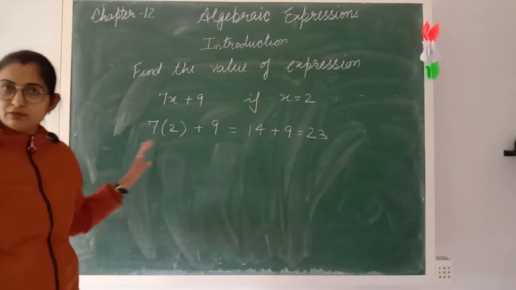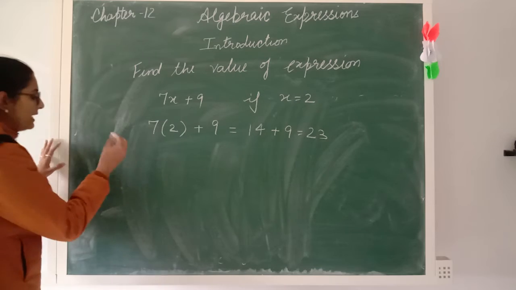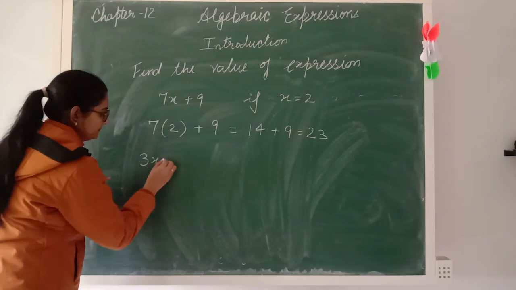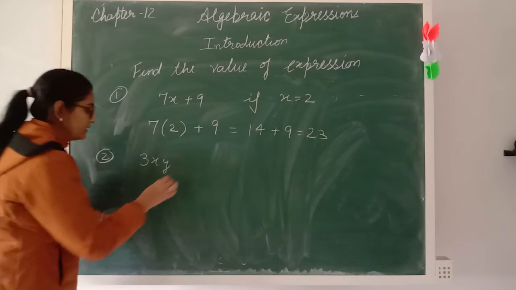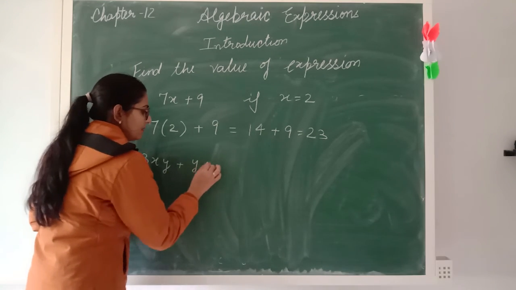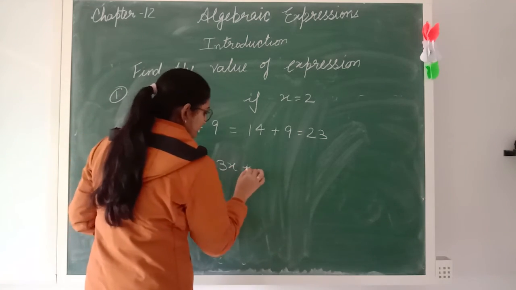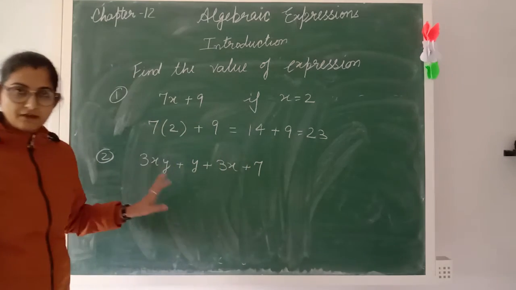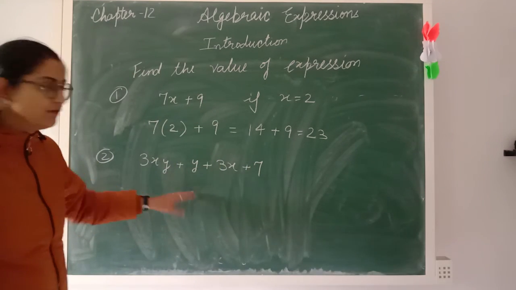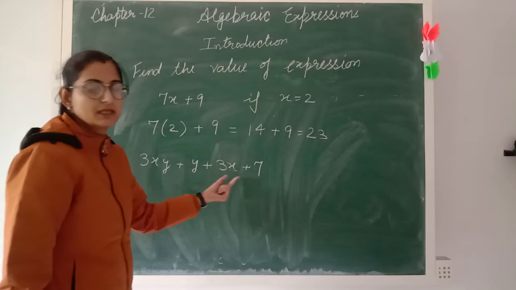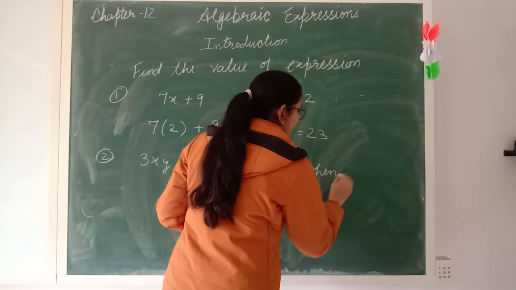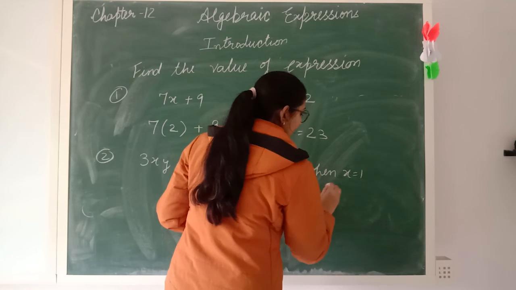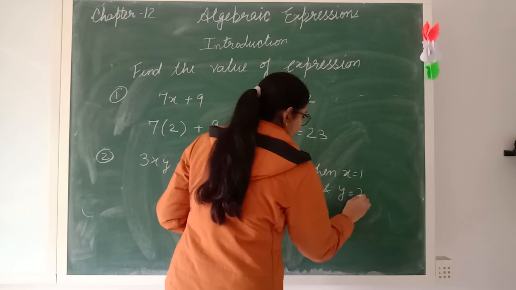I am going to take another expression. The question is: find the value of 3xy plus y plus 3x plus 7 when x is equal to 1 and y is equal to 2.